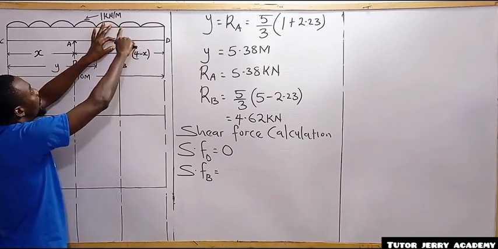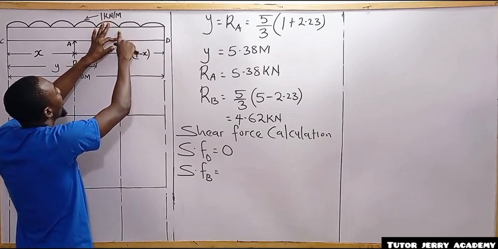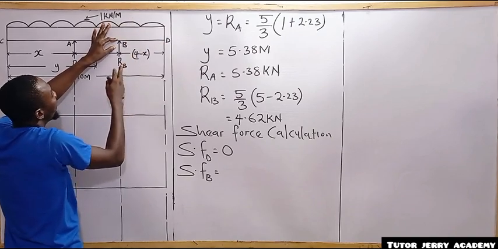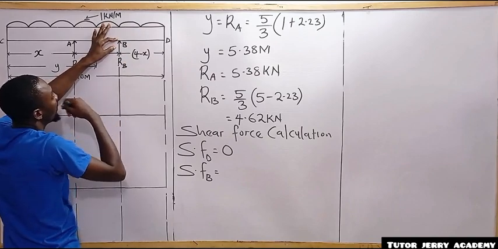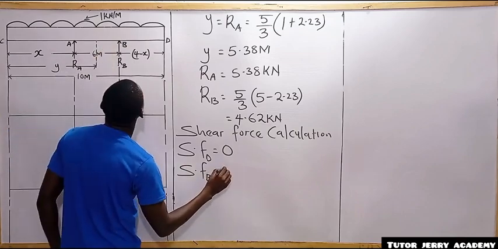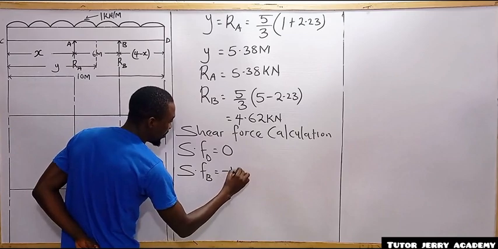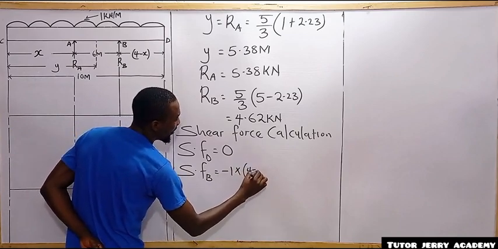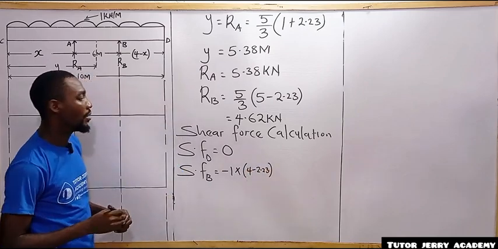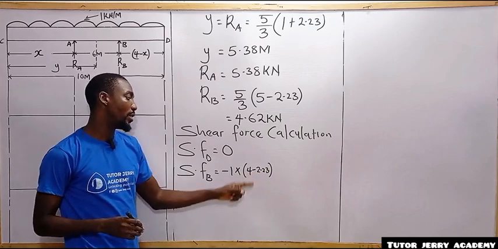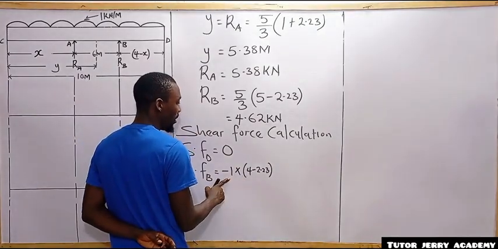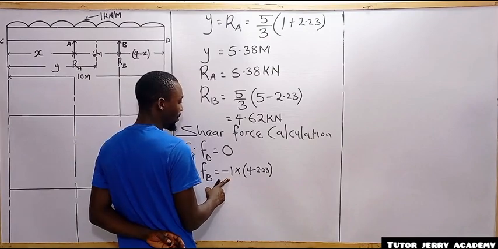So this shear force is minus 1 multiplied by 4 minus 2.23. If you do that, 4 minus 2.23 is 1.77. So we are going to have minus 1.77.